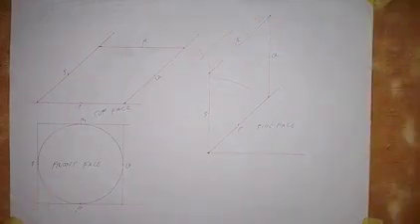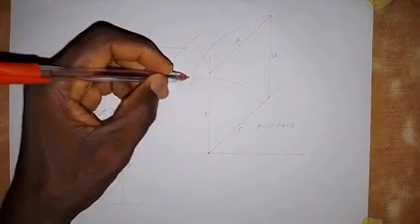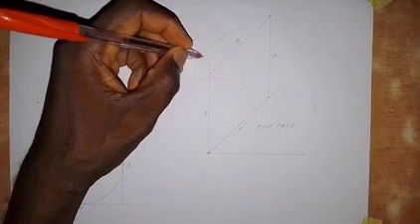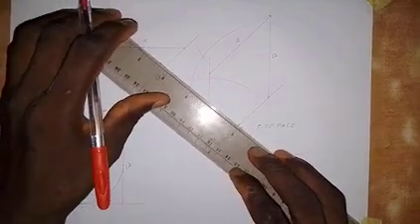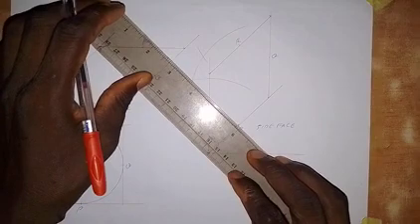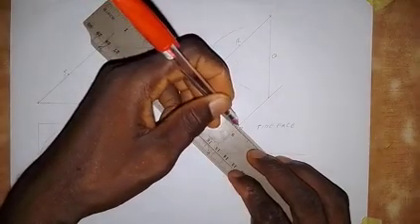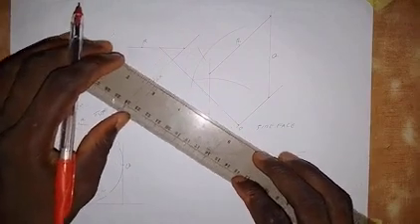Now I need to connect these points together. This is for P, while this point of intersection of the arcs is for Q. If I draw a line from point P through the point of intersection of the arcs, so let's take our time to do that. So we draw a line like this through the point of intersection of the arcs.